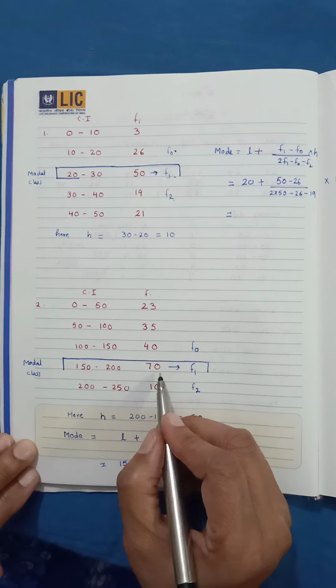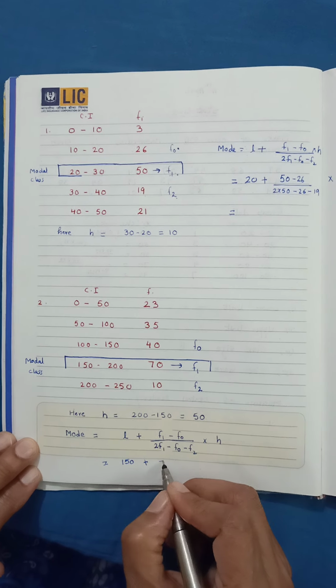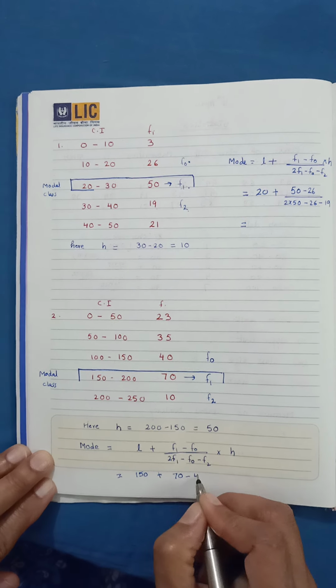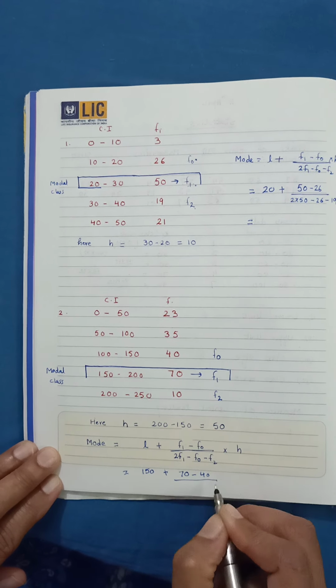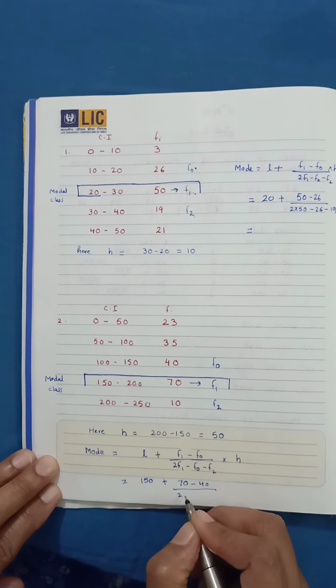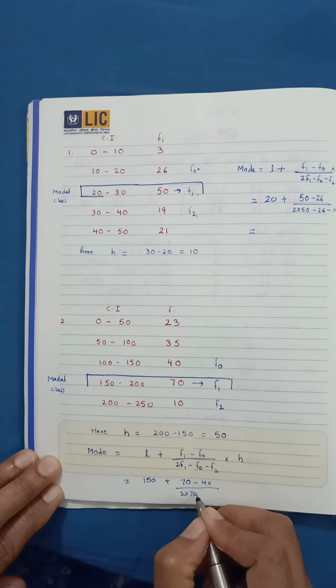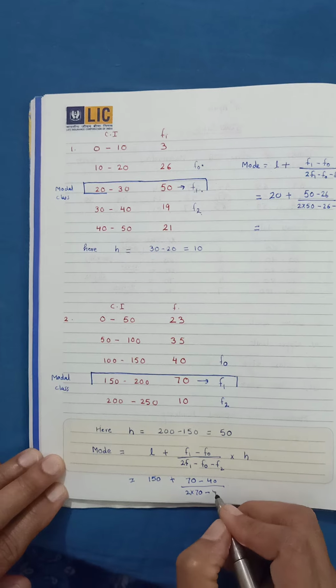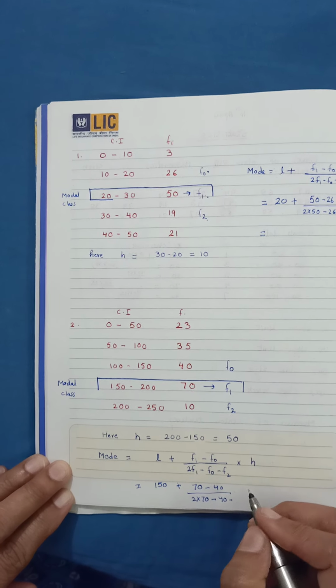F1 means the highest frequency, that is 70. What is F0? It is 40. And upon twice of F1. Twice of F1 means 2 into 70 minus F0. F0 is 40 minus F2.